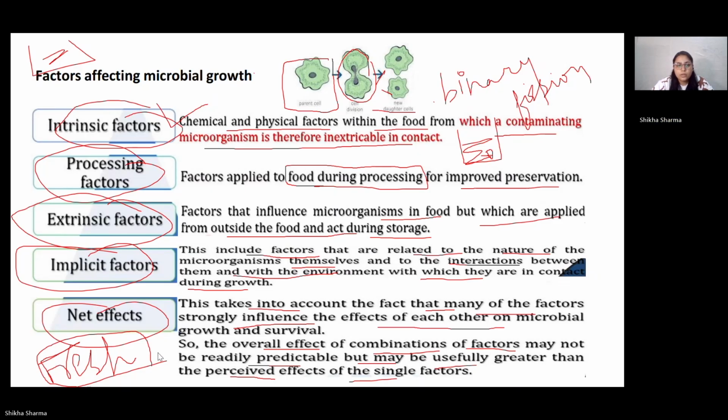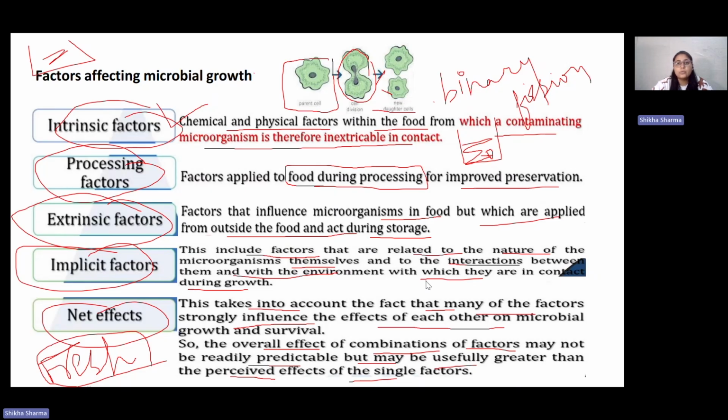So we take many factors into account. There is a concept known as hurdle technology, which we'll be discussing in the further classes. Hurdle technology works on the same principle: if we apply heat, we have to apply one hurdle with greater intensity, and it may deteriorate the food quality.